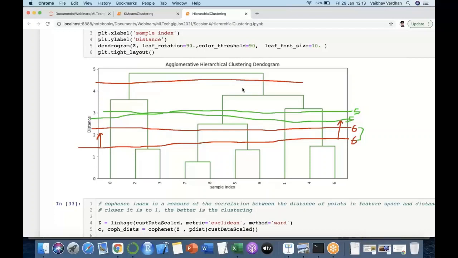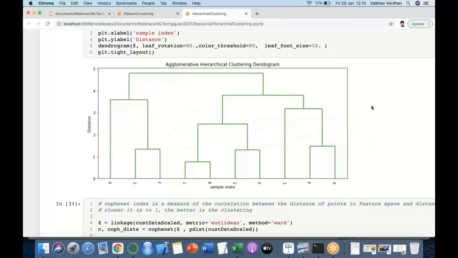That's it. Now, in a practical real life scenario, after getting the number of clusters, the next step is how do I implement that clustering algorithm in real time, right?